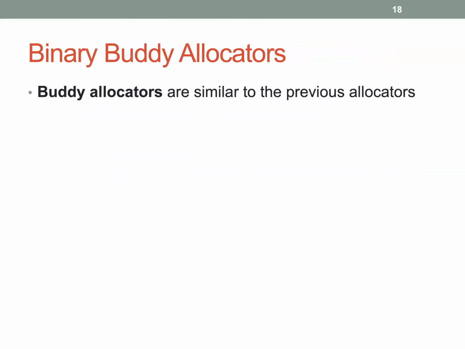Okay, so another approach is called binary buddy allocators. Buddy allocators are a great technique where you constrain what you can actually coalesce a particular block of memory with. You might remember from our resource list allocation or segregated fits allocation strategies that we can coalesce with anything that's next to us.